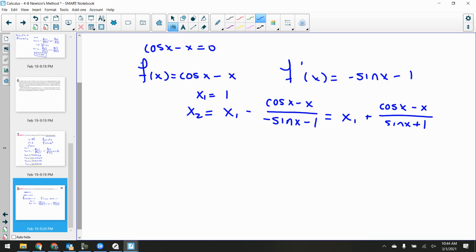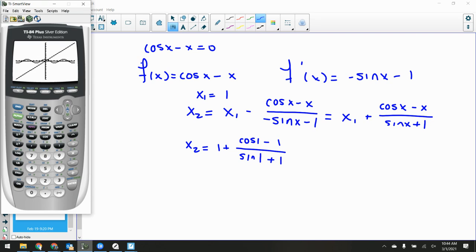Okay, so x2, therefore, is going to be 1 minus cosine of 1 minus 1, over sine of 1 plus 1. I got to be careful there. That 1 is a constant, not an x. When I go to plug my answer in, I just got to be careful with that. So I'm going to go out to my home screen, and I'm going to be very careful when I plug this in.